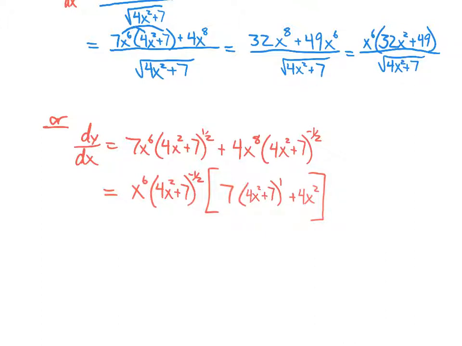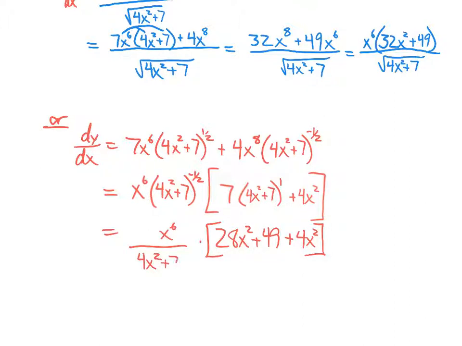Okay? But notice where I end up with this one. I distribute, I get a 28x squared plus 49 plus a 4x squared. This is x to the 6th over the 4x squared plus 7 to the 1/2, or square rooted.